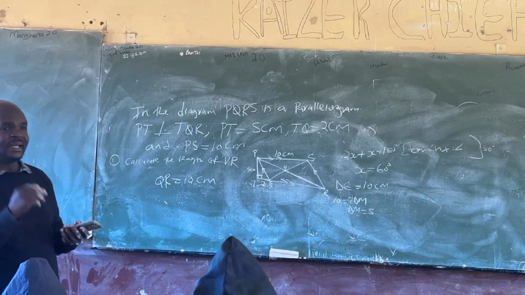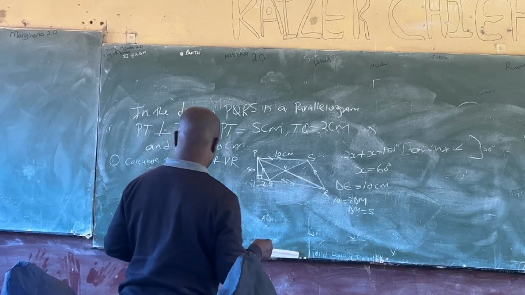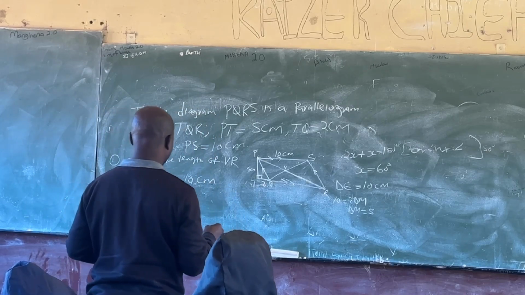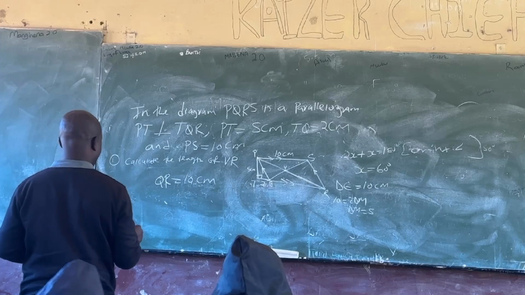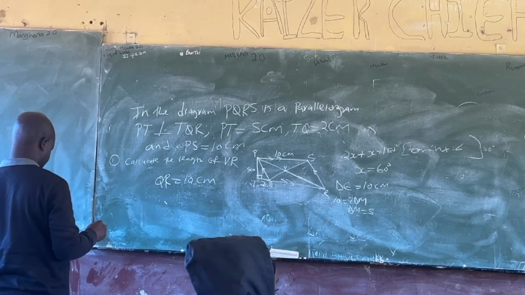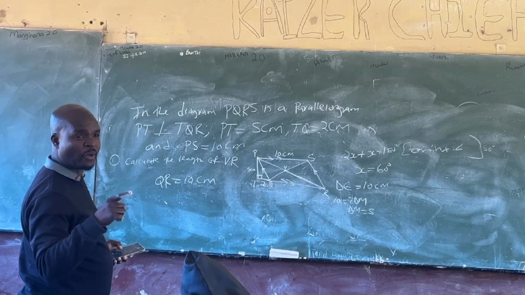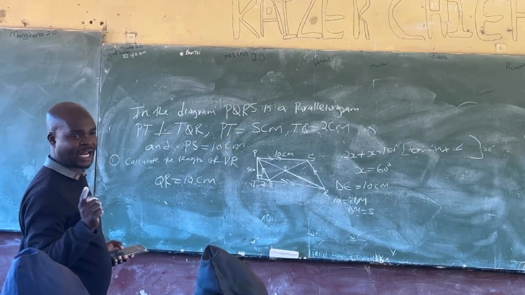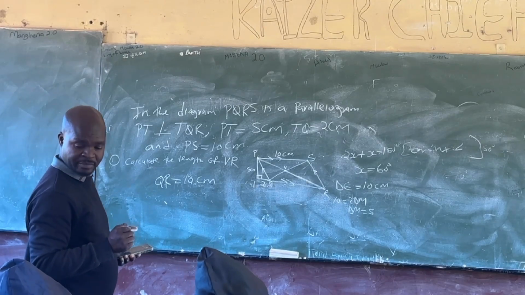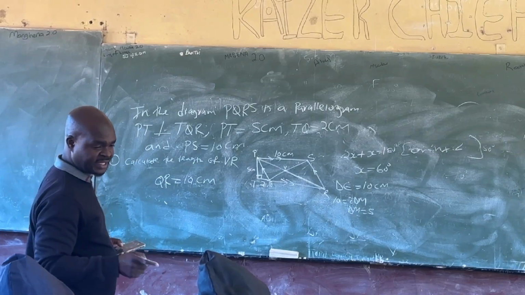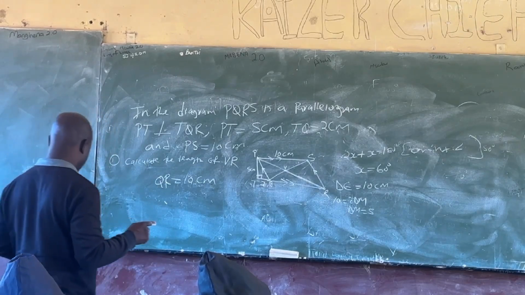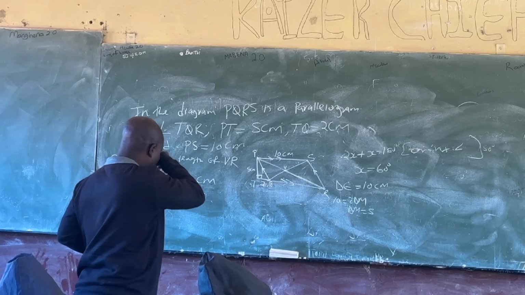QR is 10 centimeter. The reason for that one, opposite sides of what? Parallelogram. I hope you are writing the reason. Write the reason there. Opposite sides of a parallelogram.